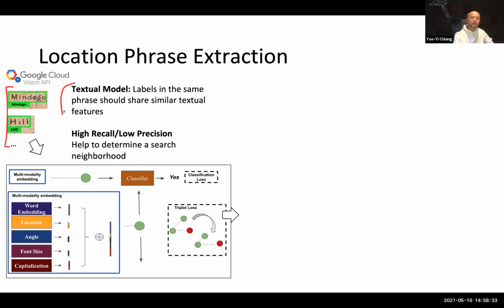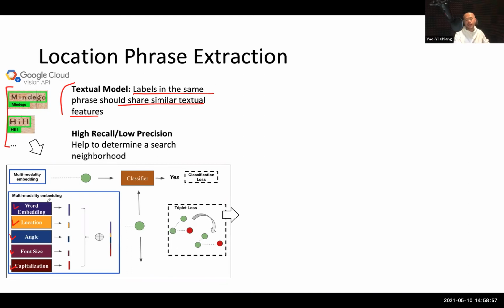So the textual model is based on the idea that labels in the same phrase should share similar textual content or textual features. By textual features, we say, all right, your capitalization must be similar, font size must be similar, angle must be similar, or along a line or a curve. Location must be nearby. Word embedding must be similar.